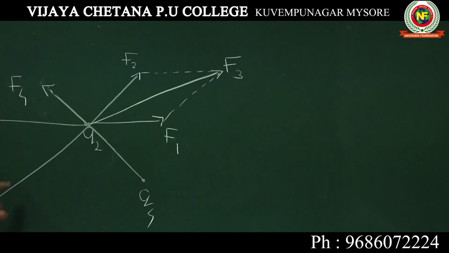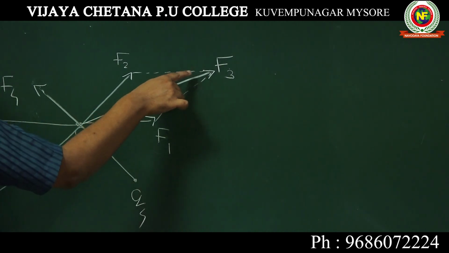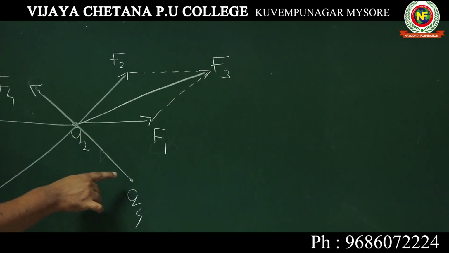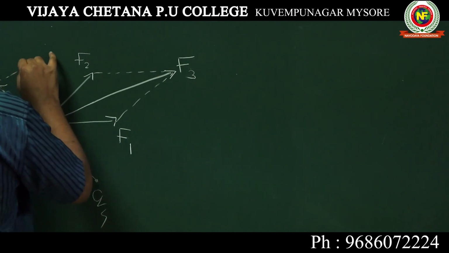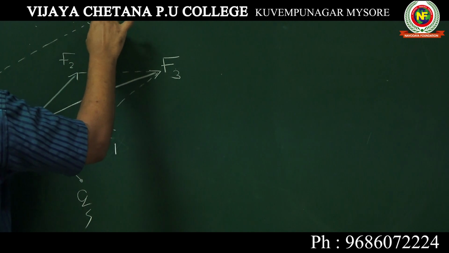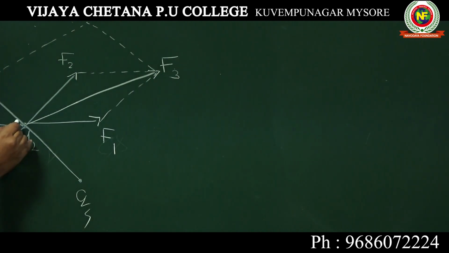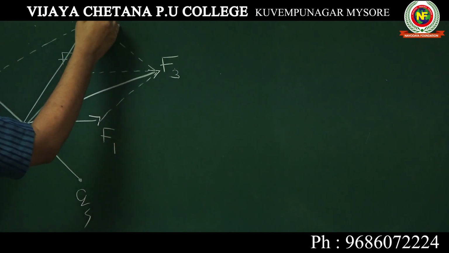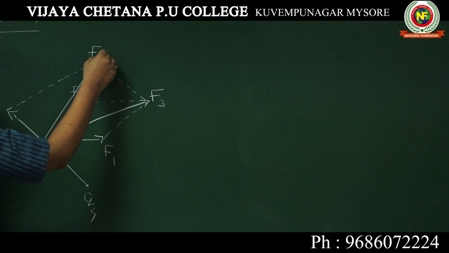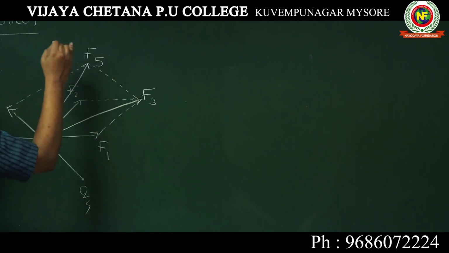Now, due to the two other charges, there was a resultant F3. In addition to that, one more force has come. Now you must calculate the resultant by considering these two, F3 and F4. Maybe this is the ultimate resultant of the three forces, I call this F5.